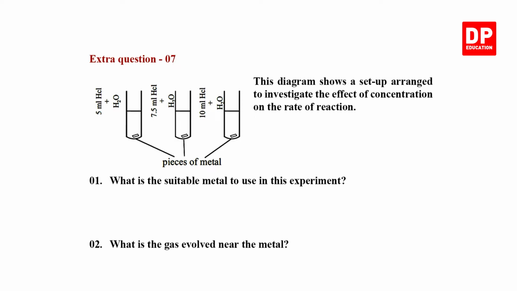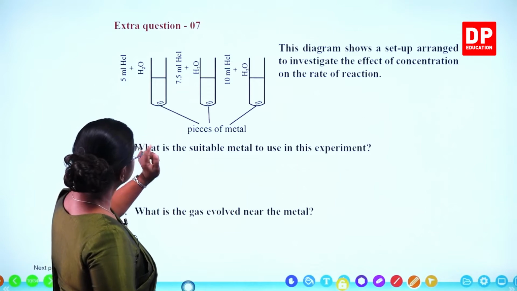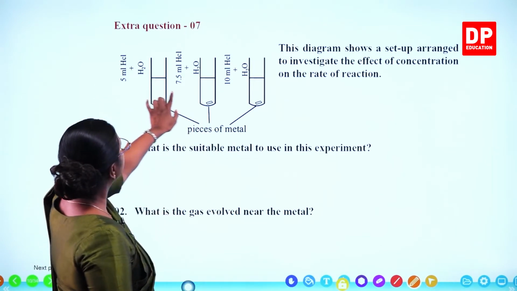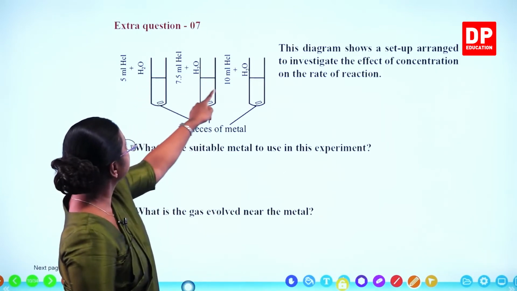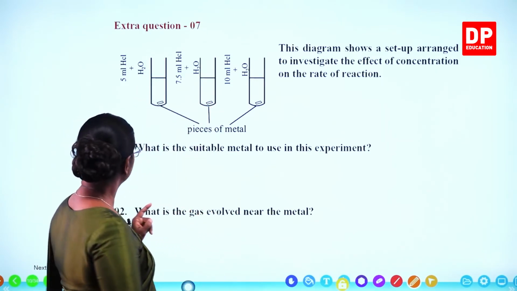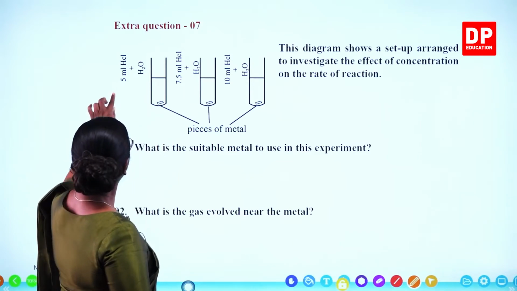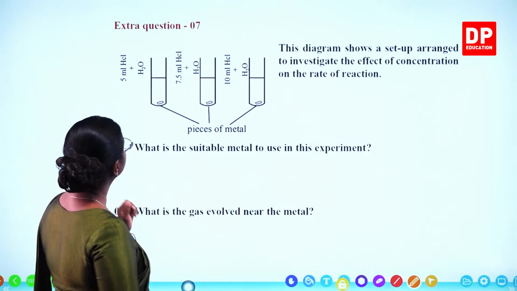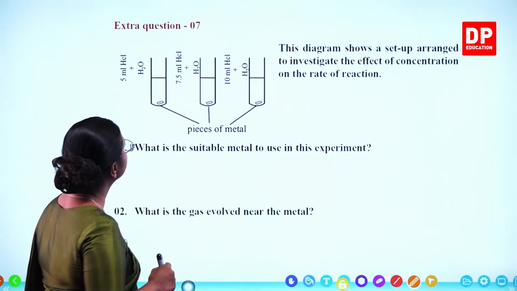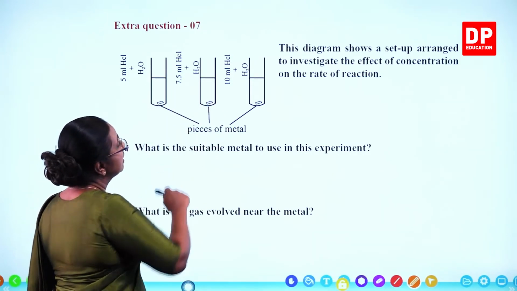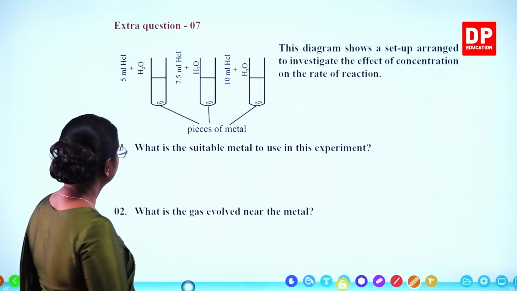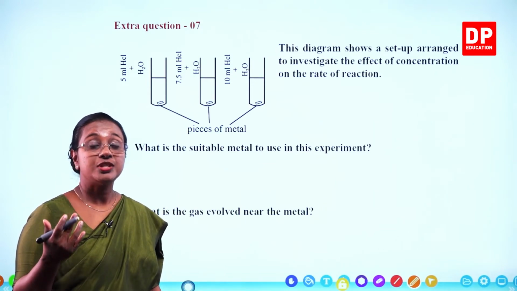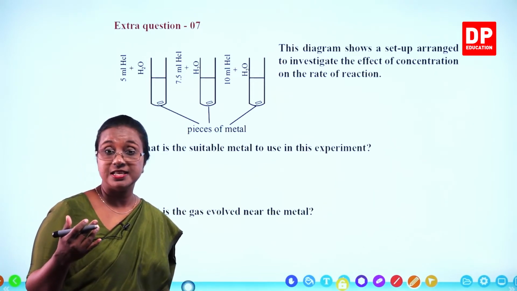Here again they have given a diagram. You can see pieces of metal, and in all 3 test tubes you can see an equal volume of the solution or the other reactant. They have given 5 milliliters HCl with water, then 7.5 milliliter HCl with water and 10 milliliter HCl with water. So, as you can see, the amount of HCl changes. That means the concentration of HCl changes.